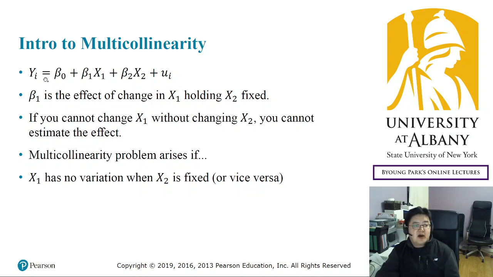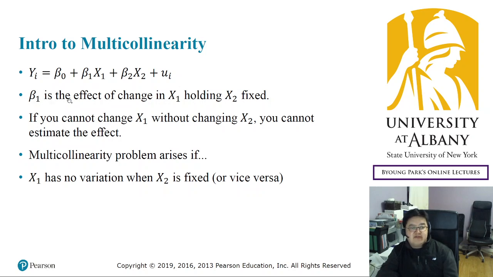So let's think about the simple two regressors case. You have an outcome, an intercept, and x1, x2, and error term. So the problem, we are looking at the relationship between x1 and x2. And remember, the definition of beta 1 is this.